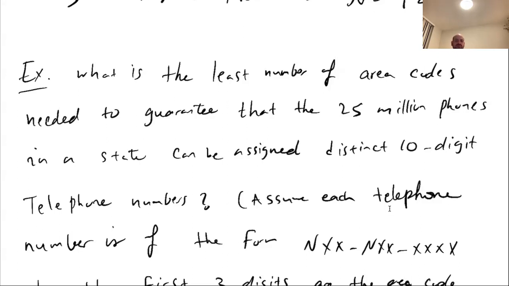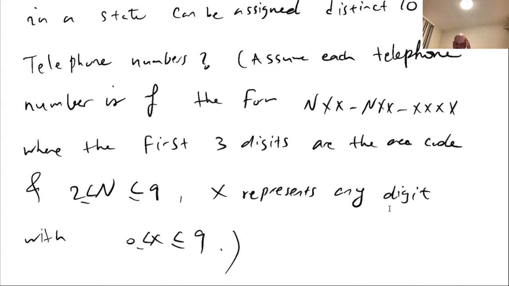Now for 25 million people, how many area codes do we need? So how do we calculate this? We need to ensure that every person has a distinct phone number. Every phone number is of this form, nxx-nxx-xxxx, where n is a number between 2 to 9, and x is a number between 0 to 9. First I need to count how many numbers I have of this form.